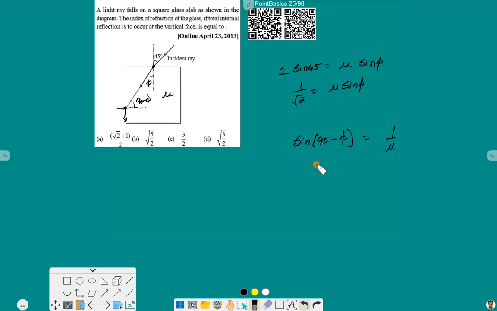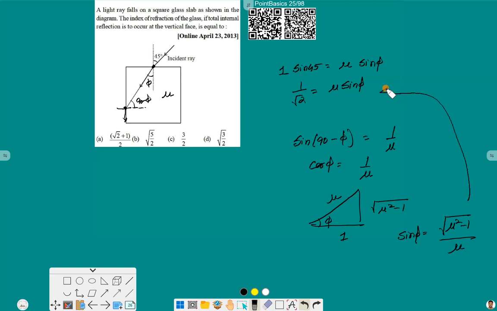And from this we have cos of phi is equal to 1 by mu. Now we can draw a triangle here: if this angle is phi, then cos phi will be like this. This will be 1 and this will be mu, and then this side will be equal to under root mu square minus 1, and from this triangle sine of phi will be equal to under root mu square minus 1 divided by mu.